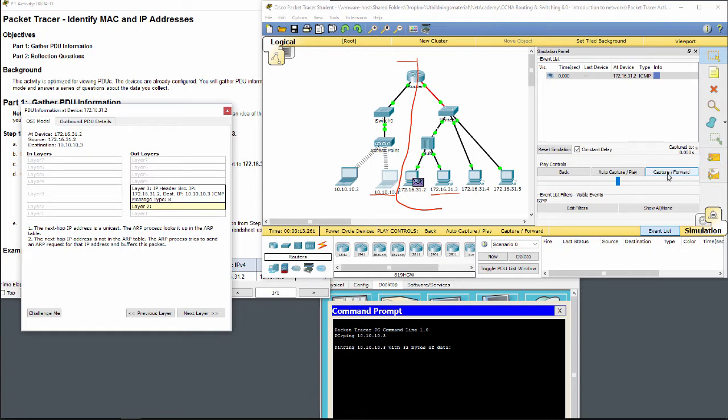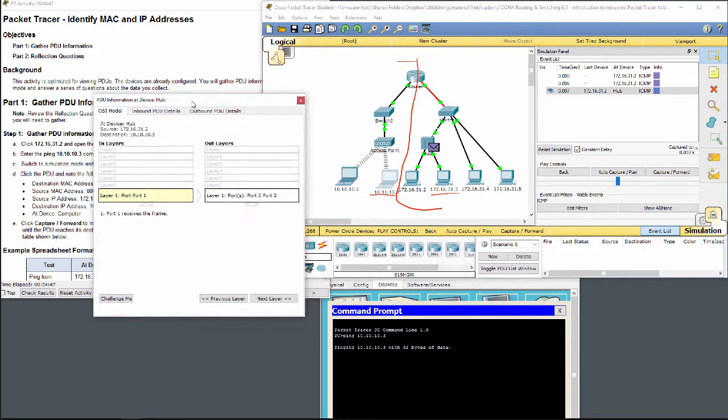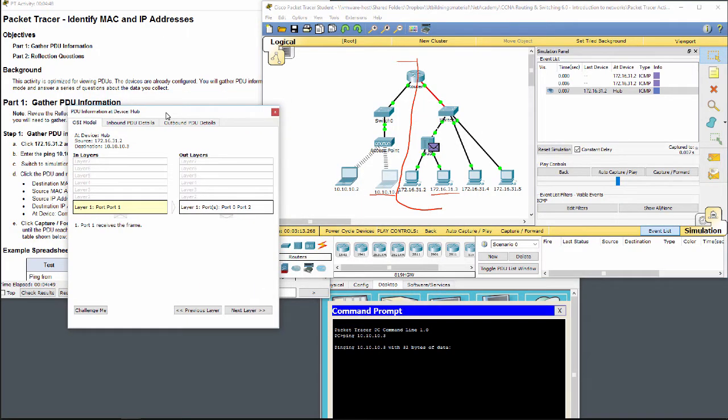And we press capture forward, and each time we press this button over here to the right, it will traverse one hop. So the packet is in the hub, and we can see in the hub that the hub is working on layer 1 because it cannot see anything inside of layer 2, because the hub is totally stupid.